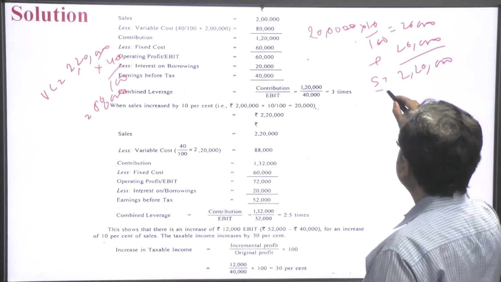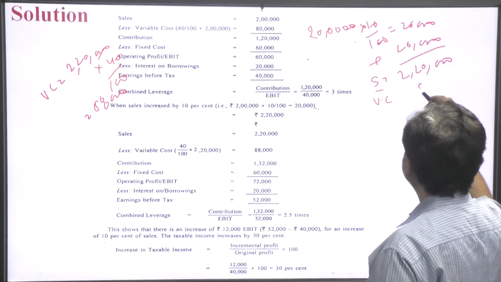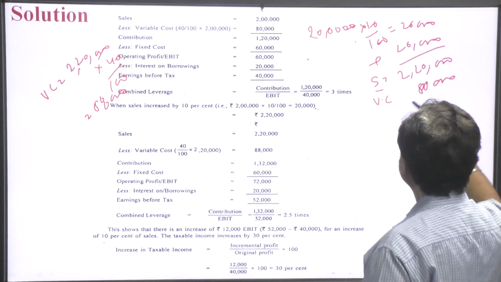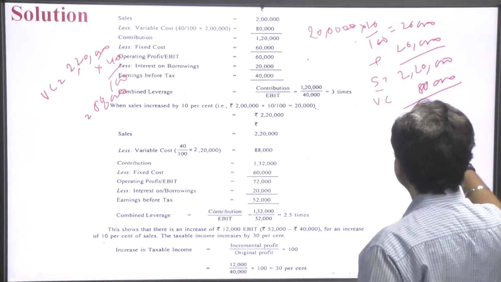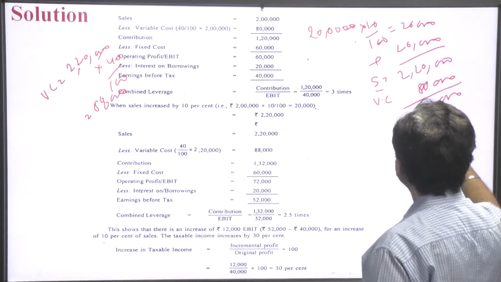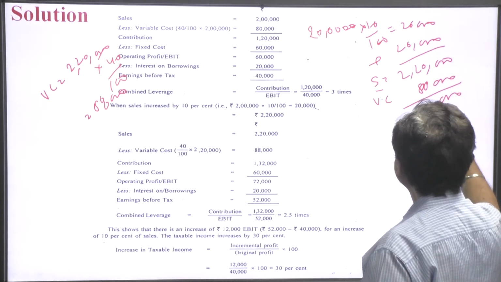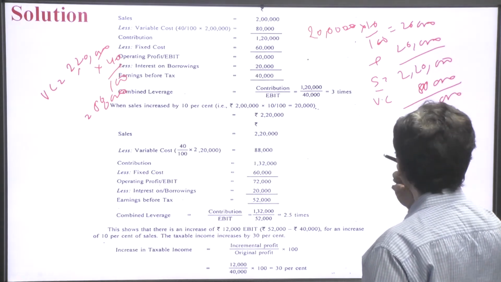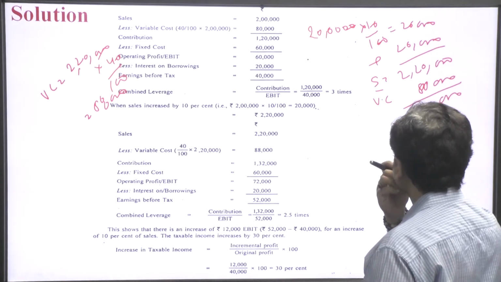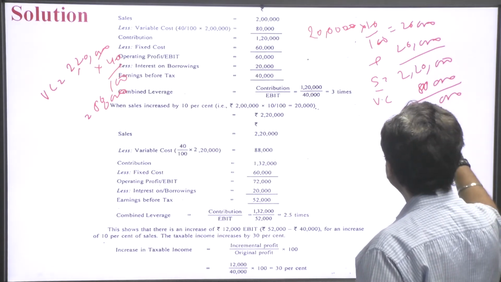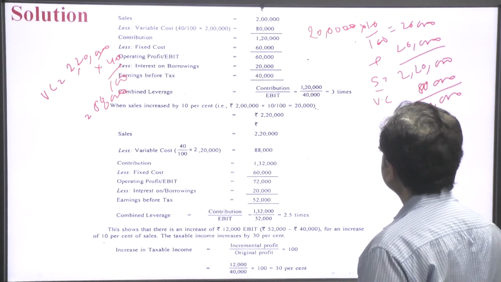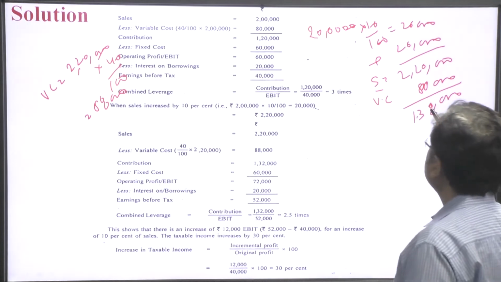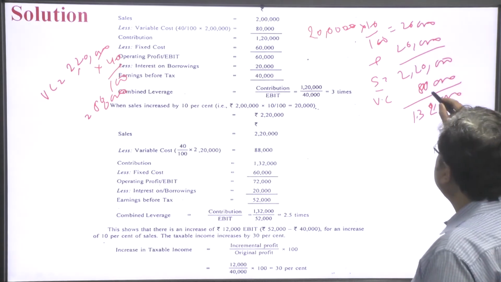Sale less variable cost: 2,20,000 minus 88,000.